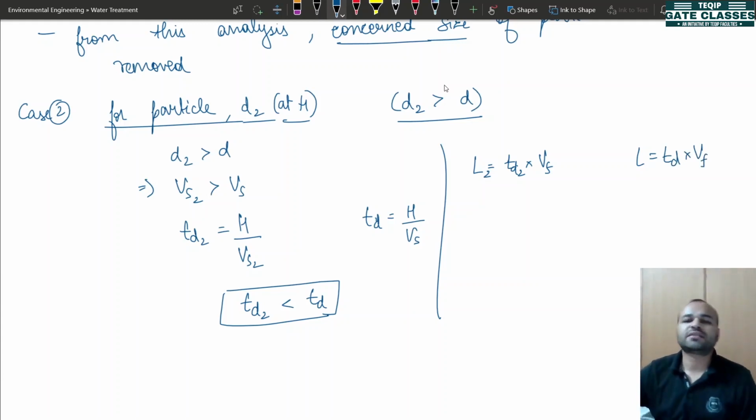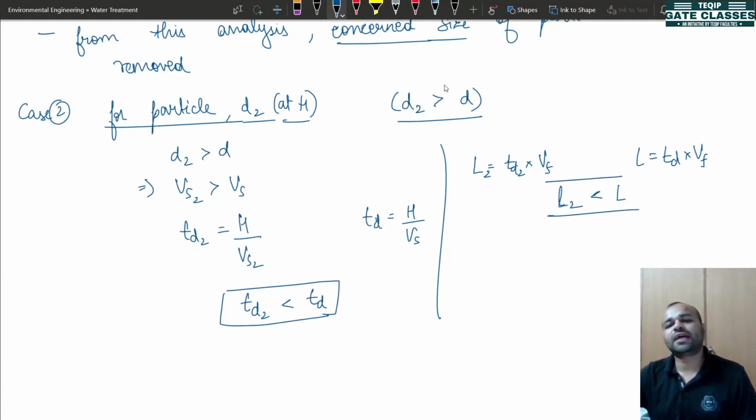So with td2 being less than td, L2 comes out to be less than L. And since our design is for L, that is the particle of size d, we can conclude that all the particles having size equal to or greater than the concerned size particle will be removed 100%.